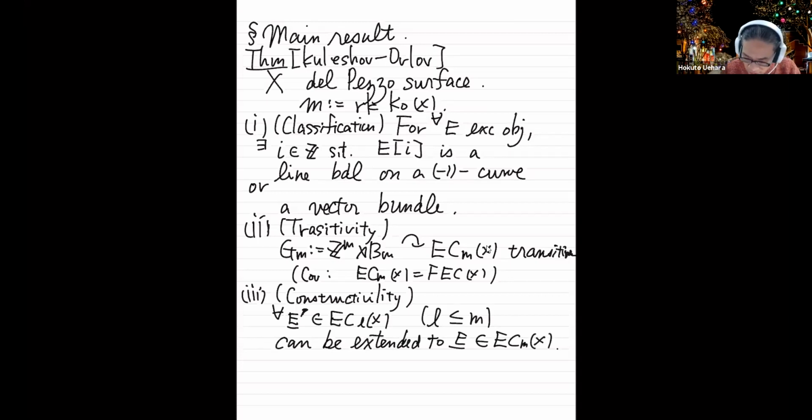And also this coincides with full exceptional collections by the second result. Any questions on this theorem? Okay.